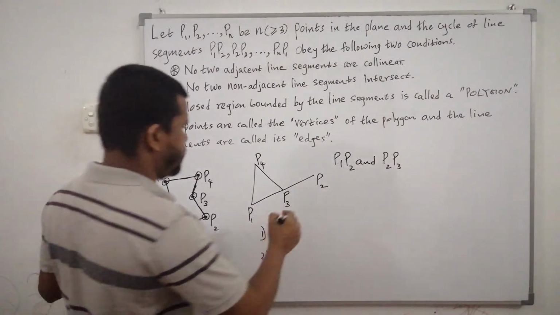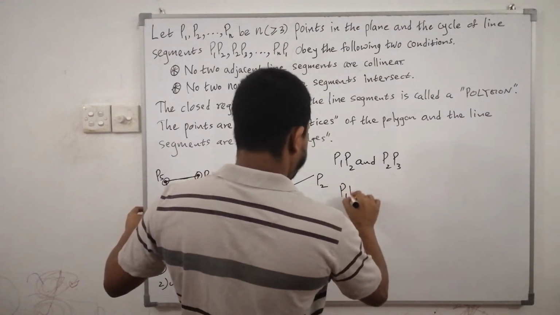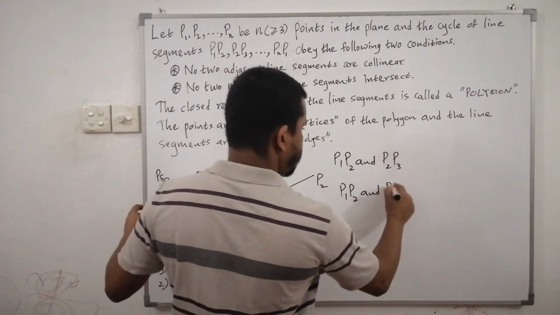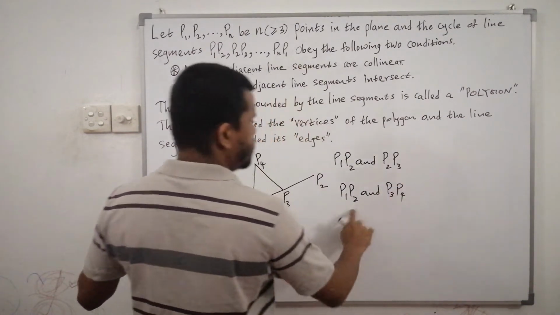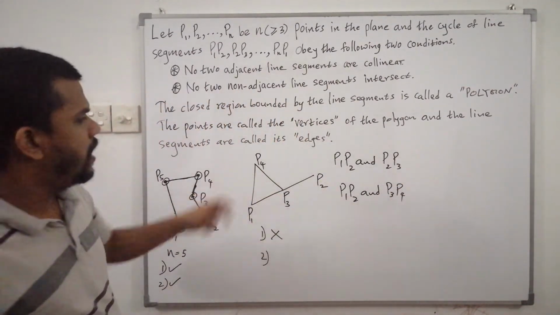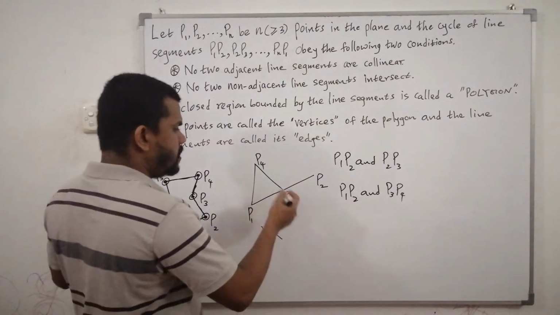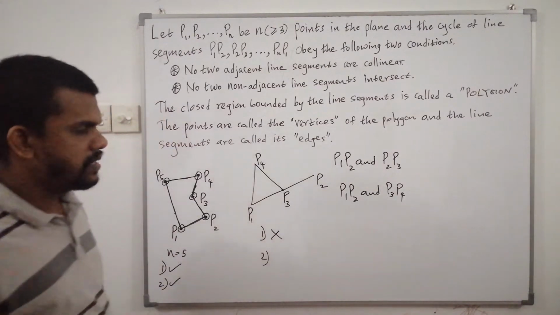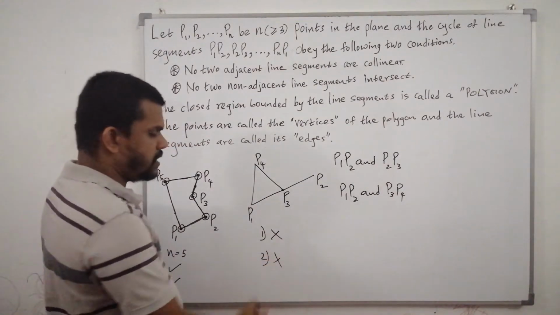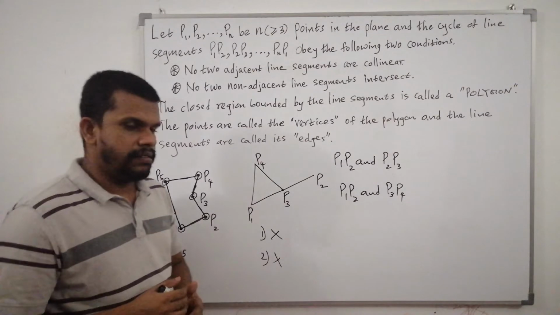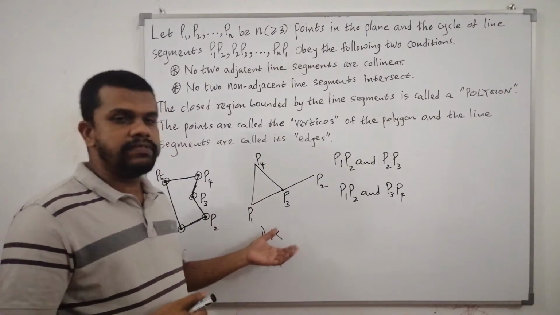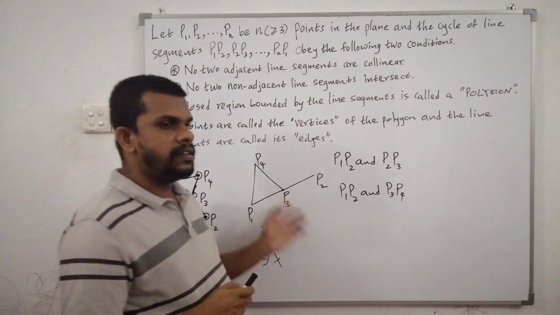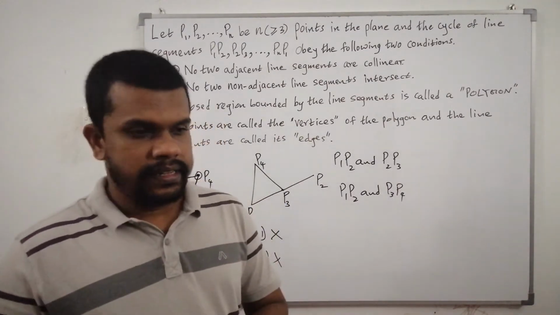But if you consider P1P2 and P3P4, these two line segments are not adjacent, but they do intersect at this particular point. Therefore, the second condition is also false. If at least one of these conditions is false, definitely that cycle is not a polygon.